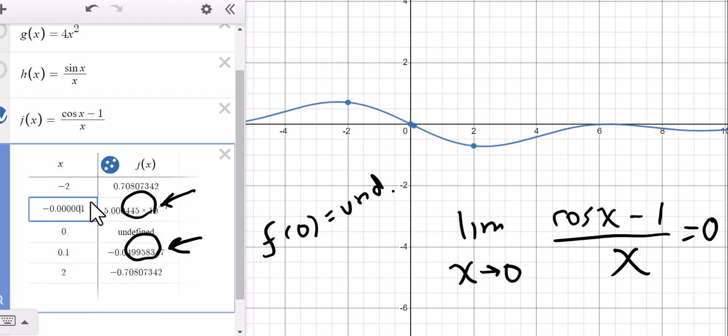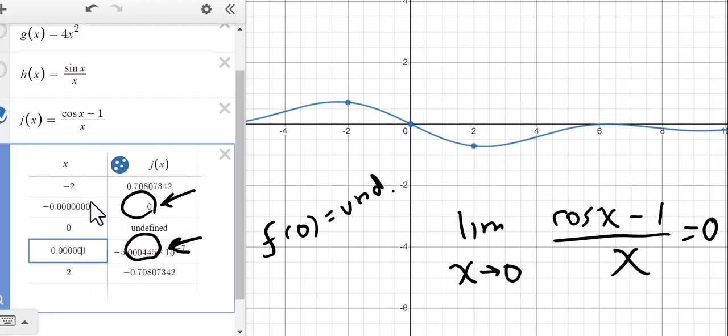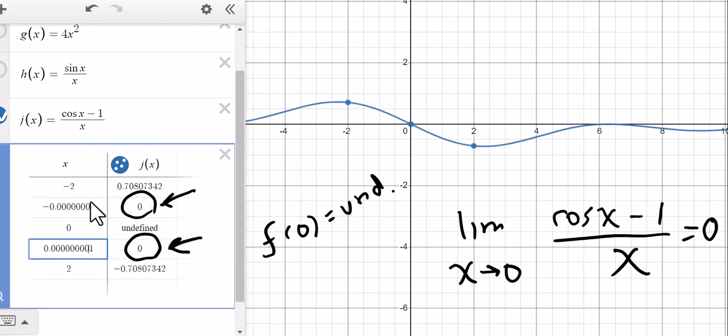Interesting. Oh, snap. Okay. Same here. Okay. So again, we're getting crazy close. We can't use the actual value of 0, but we're getting as close as possible. And if we do that, we end up getting between 0 and 0. So pick a number between 0 and 0. Well, gee, 0. Now, notice that these two values agree.